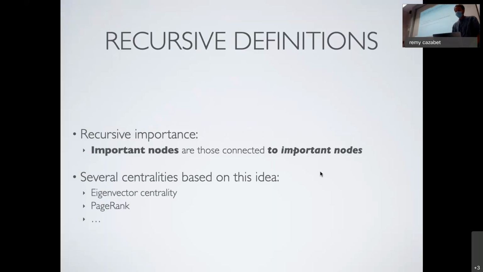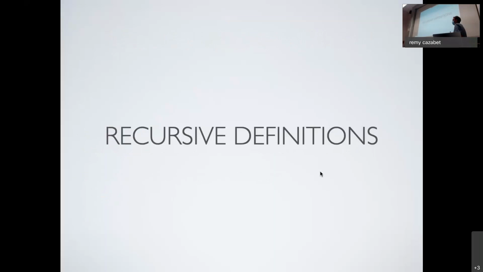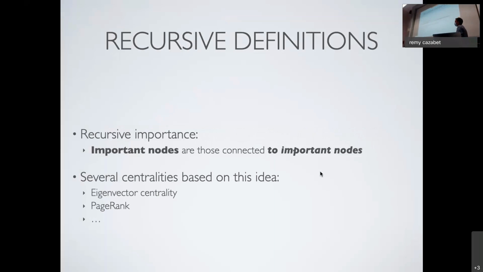centralities, which are based on recursive definitions of centrality. So they are a little bit harder to grasp, but very interesting. We want to define the fact of being important as something which is recursive, because you're important if you're connected to important nodes. So you need to be connected to many nodes, but these nodes need also to be important.